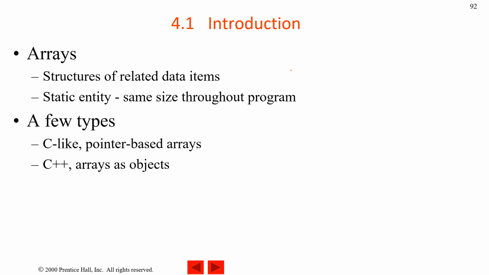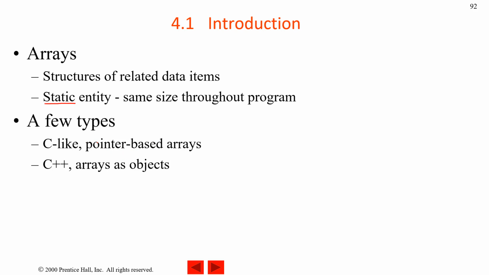I cannot increase or decrease it as I go along. So two things: first, the elements have to be of the same data type, and secondly, the size of an array has to be constant. So it is static. The opposite of static is dynamic, which means it can increase or decrease with time.